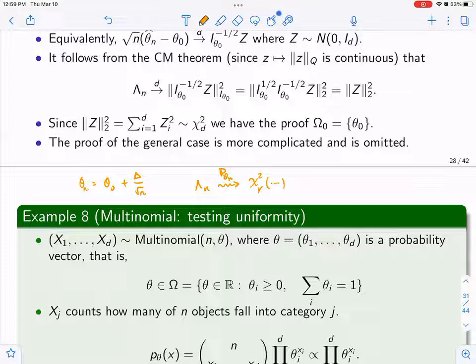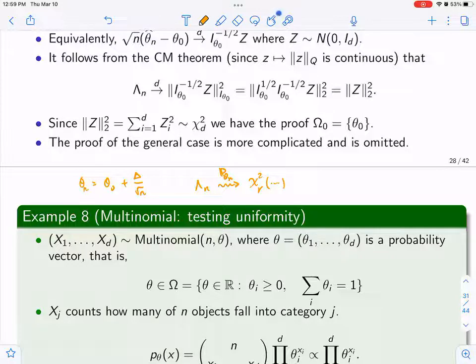You look at alternatives that shrink towards the null, and then the differences become clear. But you require some technical machinery, because this is not a usual convergence in distribution: the distribution is also changing. The underlying thing changes as a function of theta n.